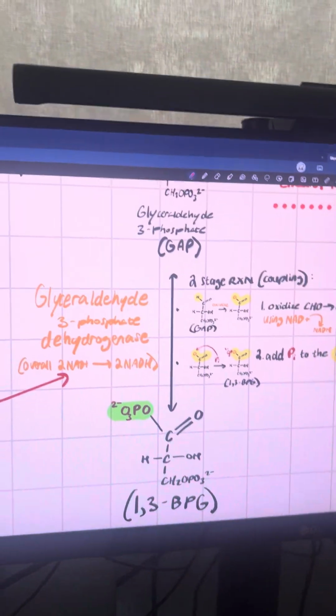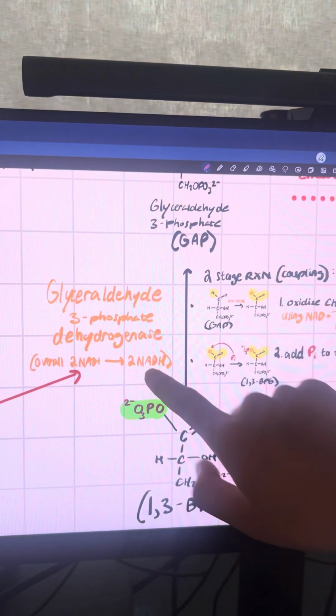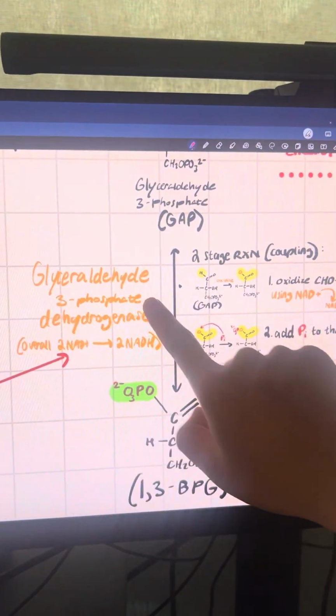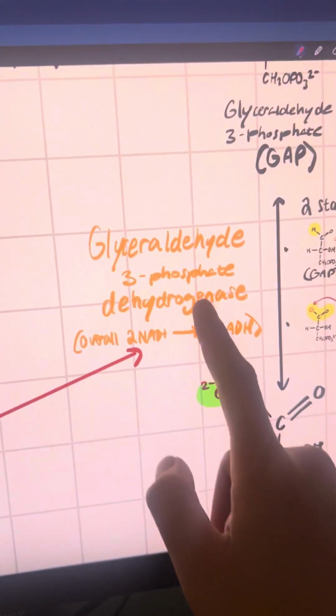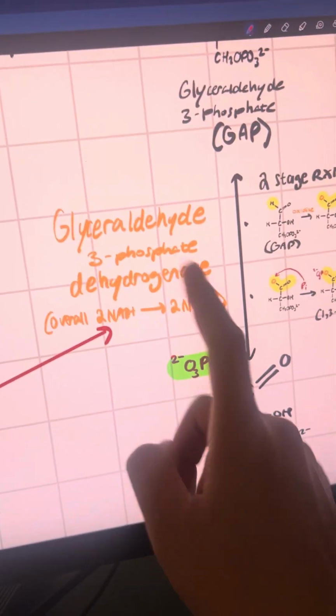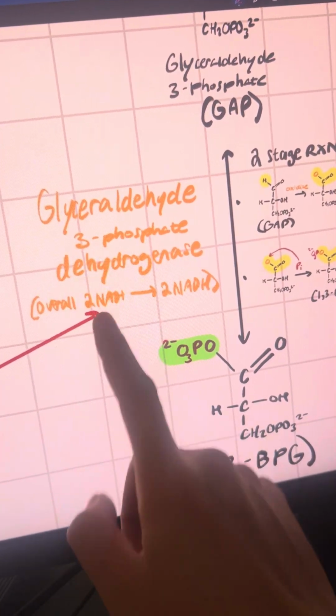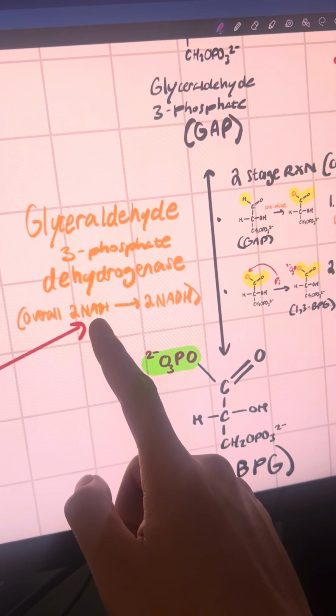you are going to go from GAP to 1,3-BPG via the enzyme glyceraldehyde 3-phosphate dehydrogenase. There's a couple important things you have to know about this enzyme. So this enzyme right here, glyceraldehyde 3-phosphate dehydrogenase, requires NAD+. That is very important. This step requires NAD+.